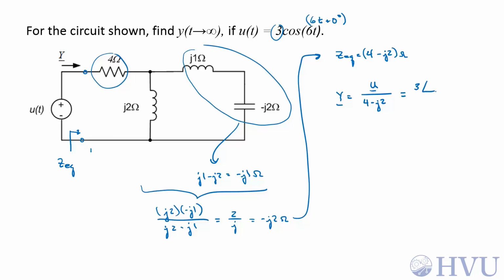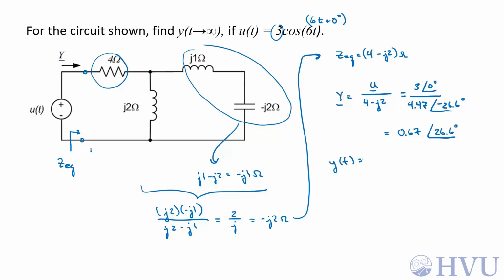If I convert this to polar coordinates, that's 4.47 at an angle of minus 26.6 degrees. So dividing magnitudes and subtracting minus 26.6 from 0, 3 over 4.47 is about 0.67. This will be at an angle of positive 26.6 degrees.